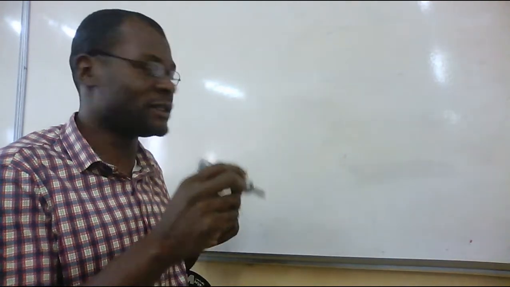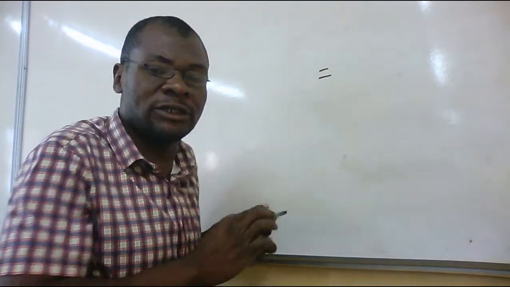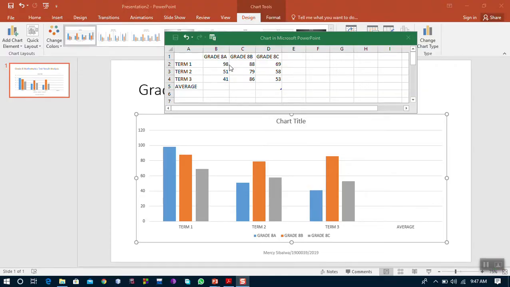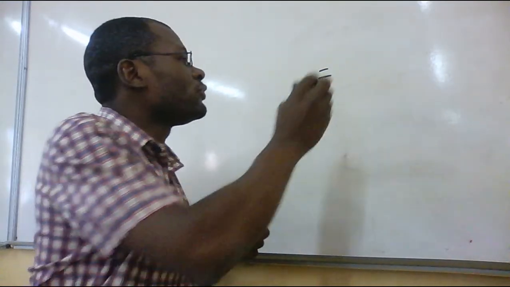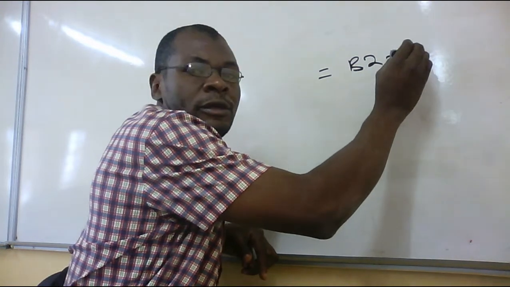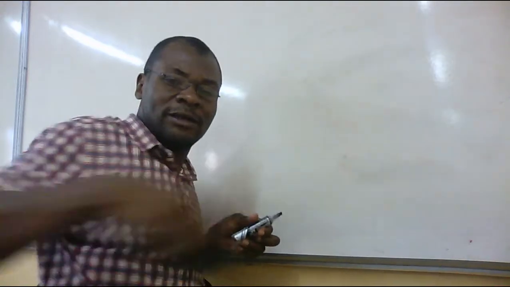Now the problem with Excel is that when you say equal to, possibly it's be what? Let's check from C. Is B2, B3, and B4. Right. So if we say equal to B2 plus B3, I'm going offline.